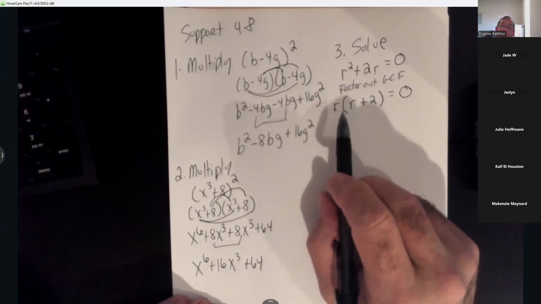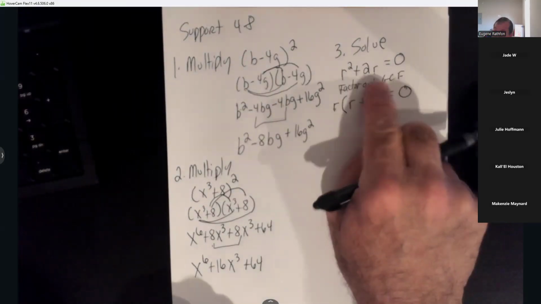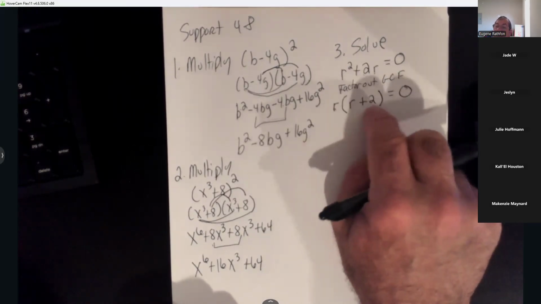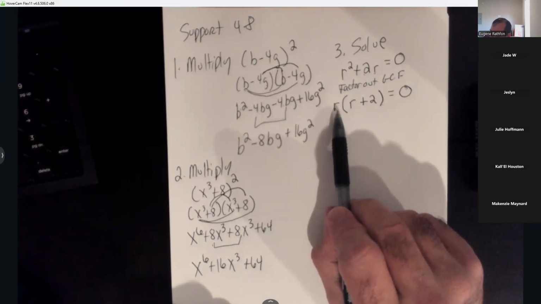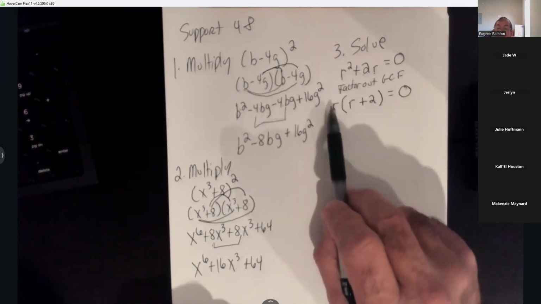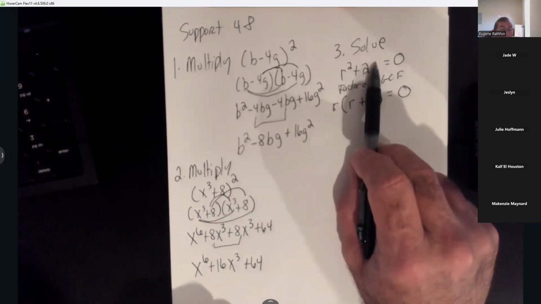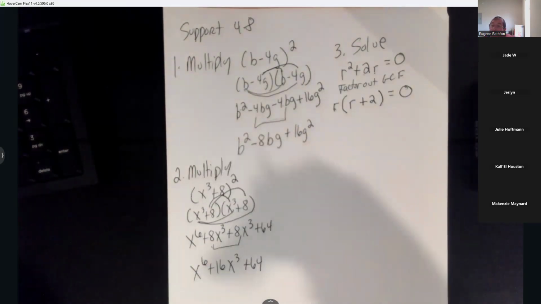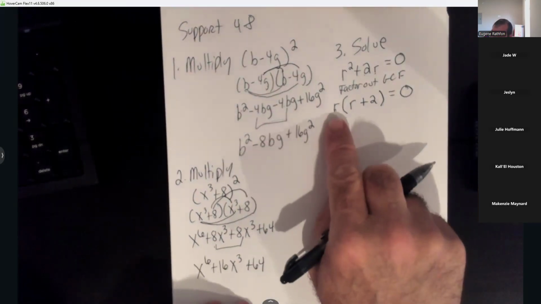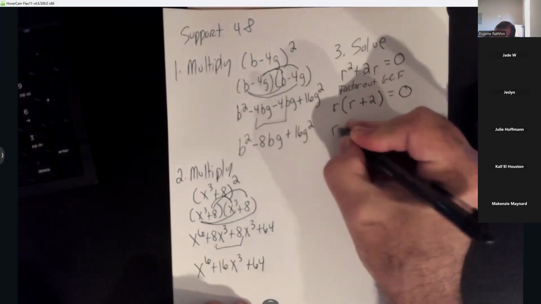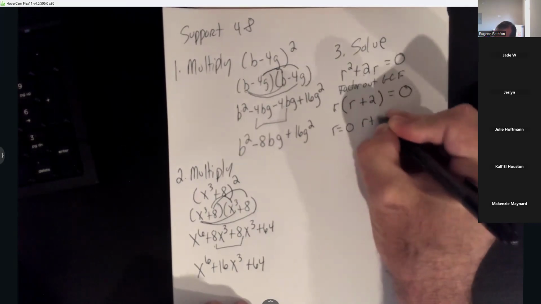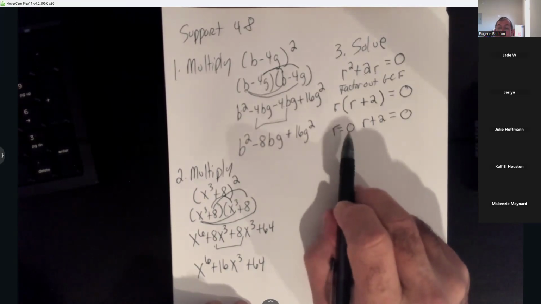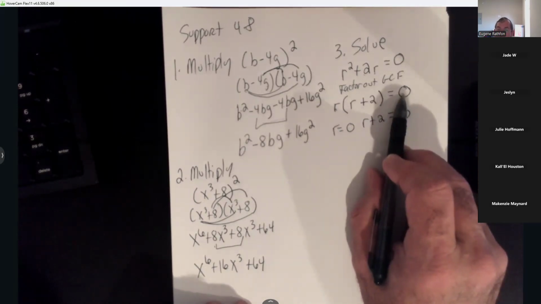So this one, instead of undoing foiling, when you factor two terms with the variable in both of them, this one is sort of undoing the distributive property. Watch this. R times r is r squared. R times 2 is 2r. So factoring out a GCF undoes that distributive property. But now you would set both these equal to 0. So the GCF always equals 0 when you're solving this equation, okay?